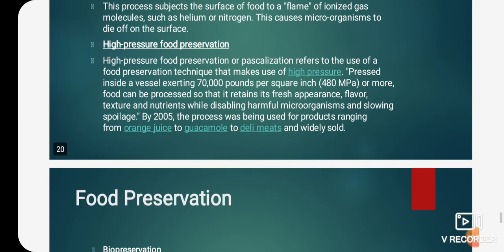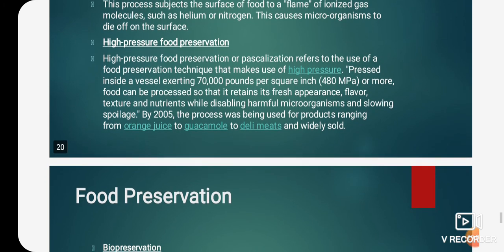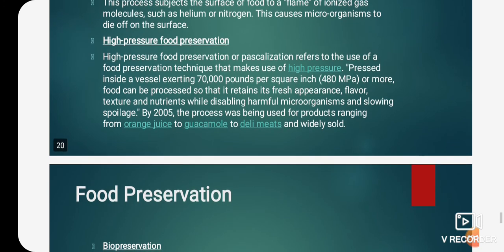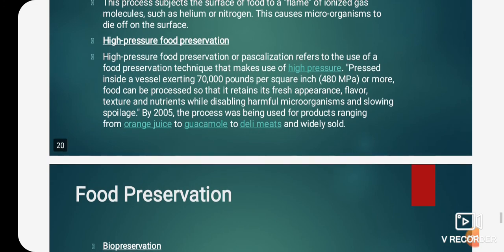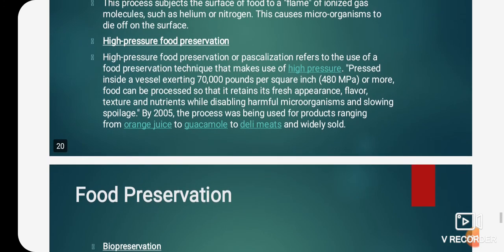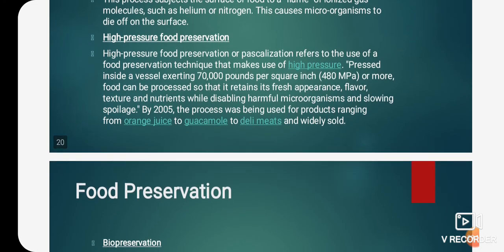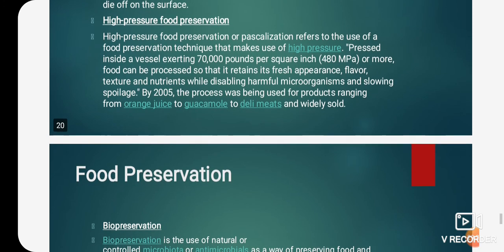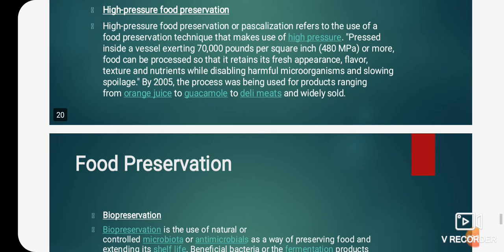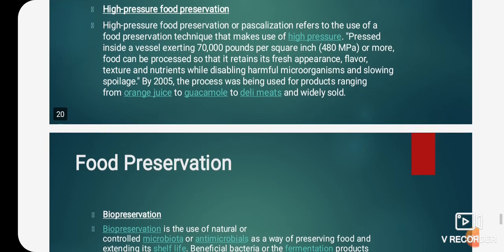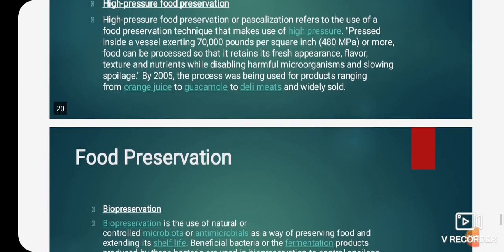Food can be processed so that it retains its fresh appearance, flavor, texture, and nutrients while disabling harmful microorganisms and slowing spoilage. By 2005, the process was being used for products ranging from orange juice to guacamole to deli meats and widely sold.